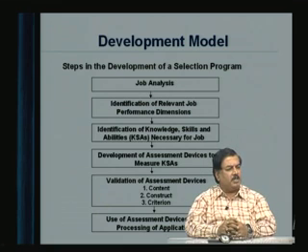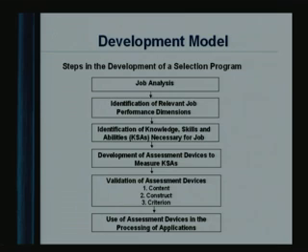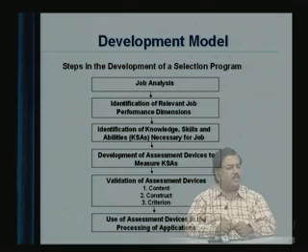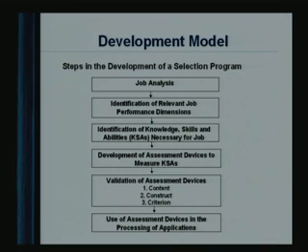Then identification of relevant job performance dimensions in terms of the quantity, the quality, the deliverables, the complexity, the working conditions, the enabling support one would have on the job, whether it is group work or individual work, or work which demands close supervision or broad guidance or guidelines. And then we also identify the knowledge, skills and abilities, what are normally called KSAs, to perform that kind of job.